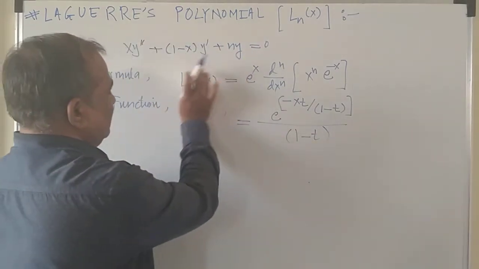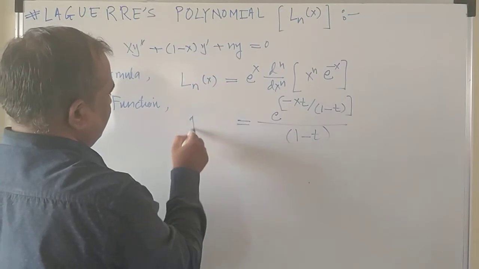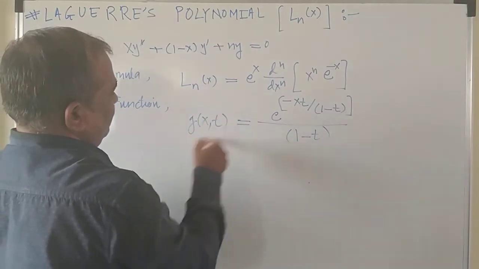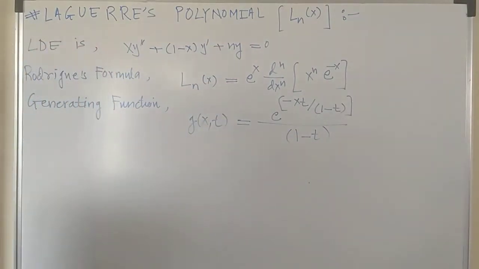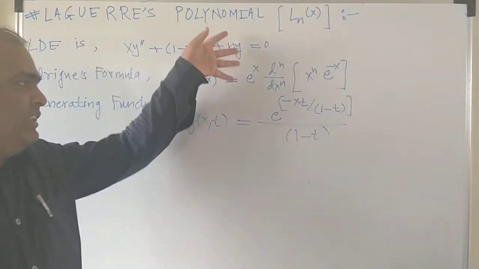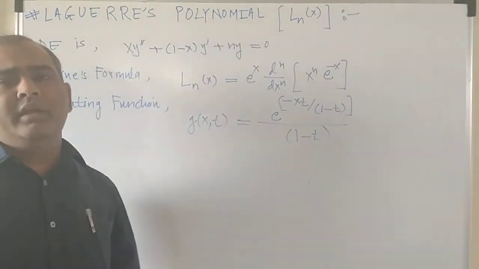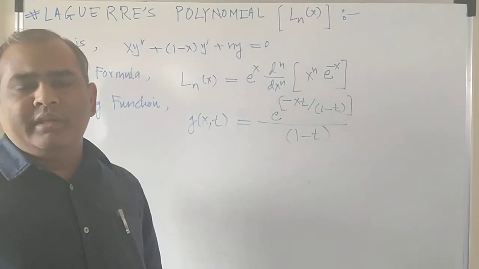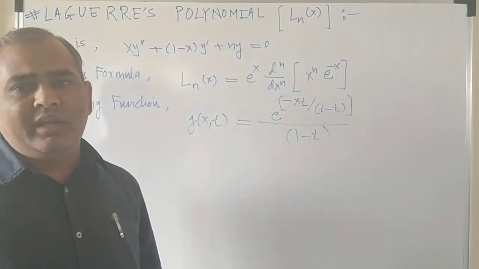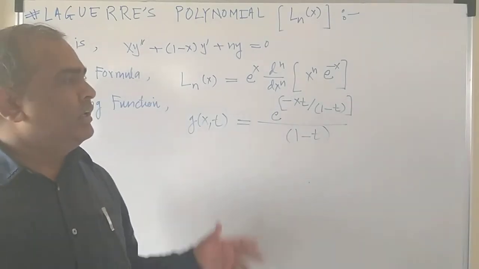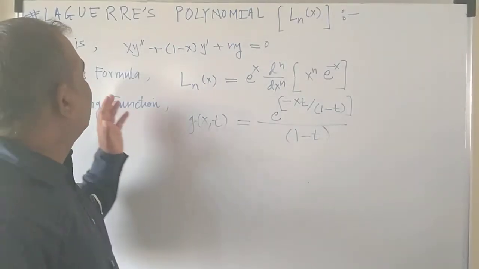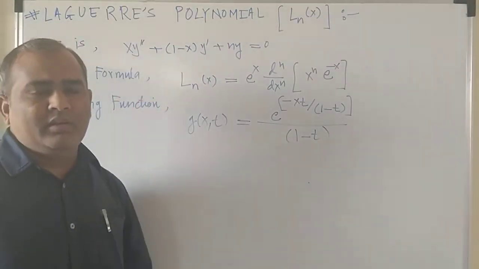So this is the generating function for the Laguerre polynomial. Once these three things are known to you, you can obtain any property and its orthogonality property, or simply you can solve any problem based on the respective polynomial, right?